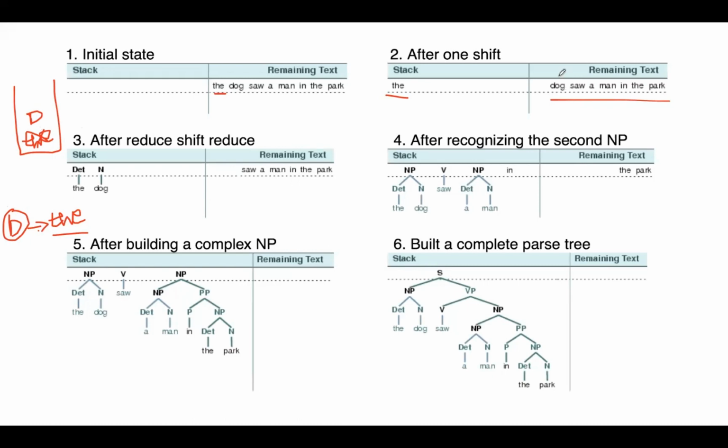Now take the second element from the given string. The second element is dog. The stack already has determiner. Push dog, that is the shift operation. After this, we know that dog is a noun, so assume we have the production noun derives dog.